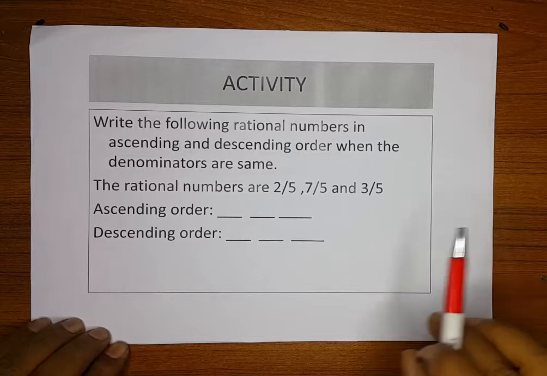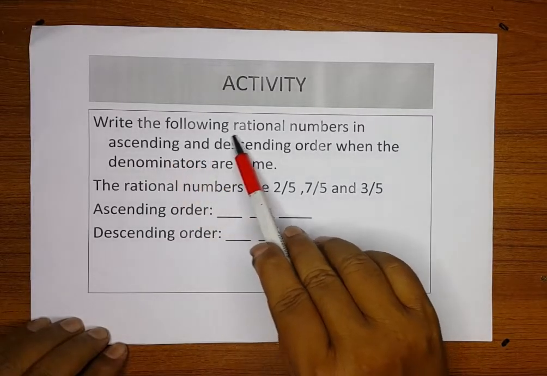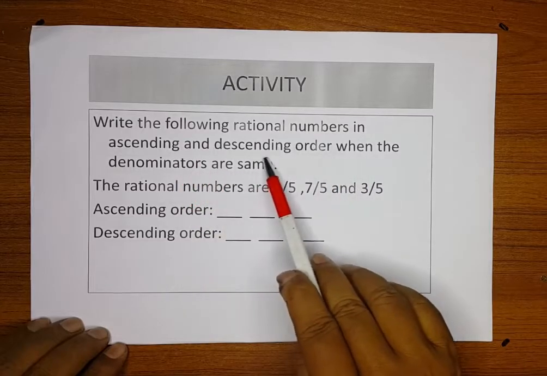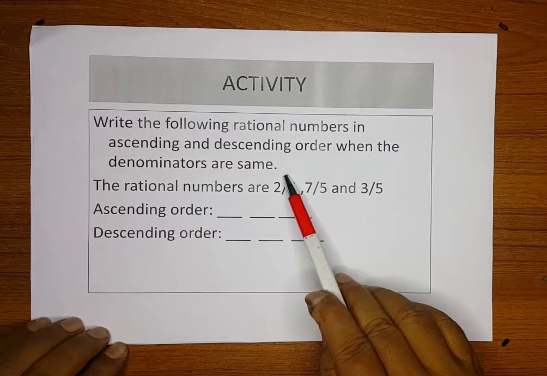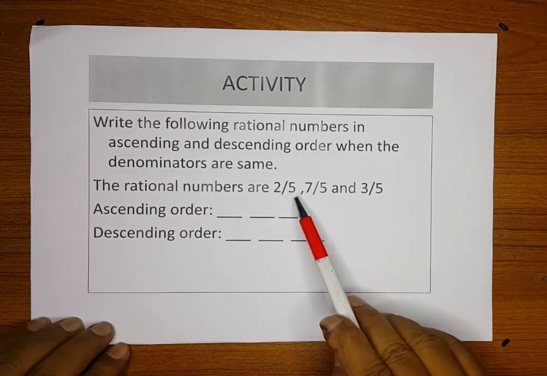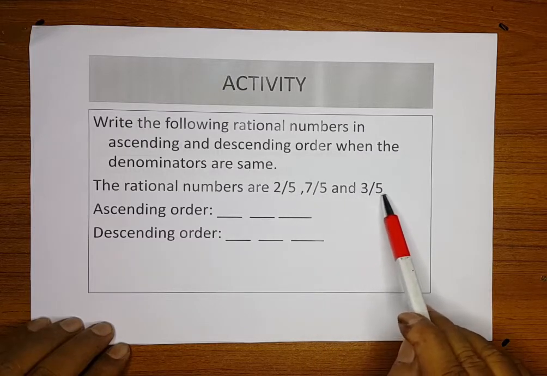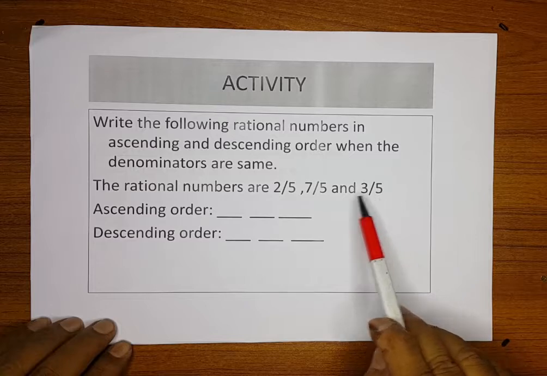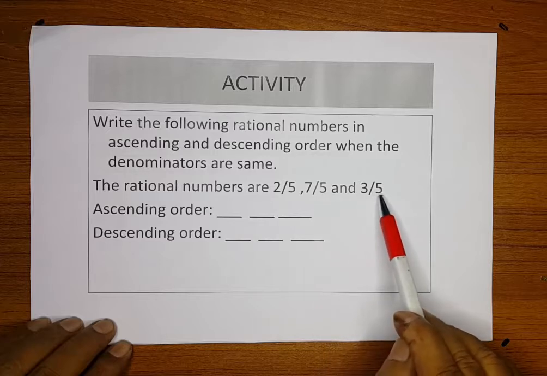Now here is an activity for you when the denominators are the same. Write the following rational numbers in ascending and descending order when the denominators are the same. Students, here are some rational numbers: 2 upon 5, 7 upon 5, and 3 upon 5. You are watching, students, all the rational numbers have the same denominator: 5, 5, and 5.